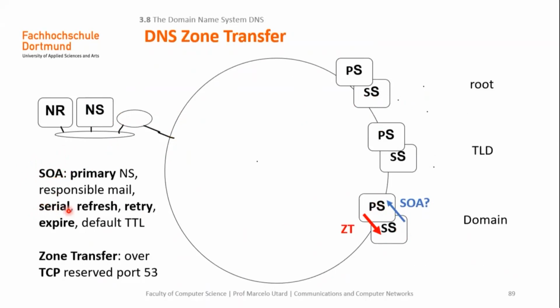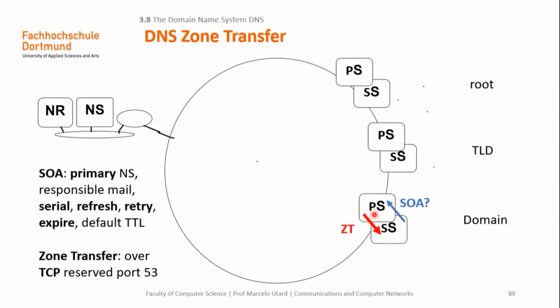If the serial number is the same as the previous serial number, that is the SOA that is stored in the secondary server, then nothing needs to be transferred from the primary server to the secondary server. But if the serial number is bigger than the serial number stored in the SOA in the secondary, that means that in fact some change has been performed in the primary.